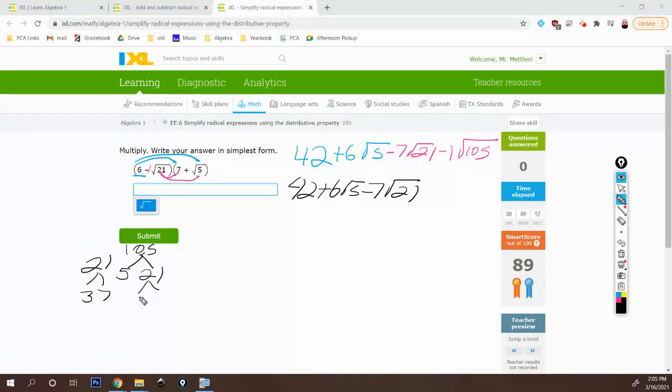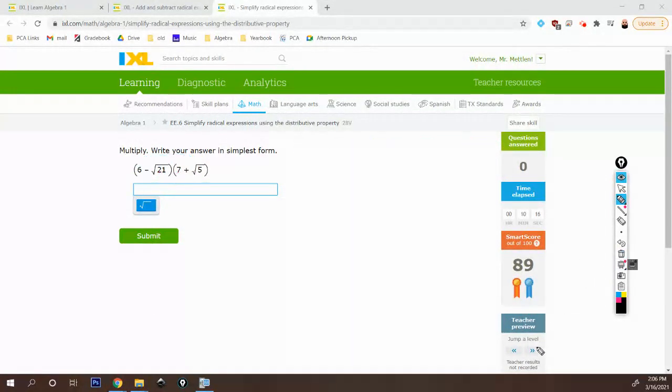And 21 would be 3 and 7. And no pairs there. Okay, so there's no pairs at all. I don't really need the one in front. So if there's no pairs, then that's it. That's just my answer, because there's nothing that matches. It's not happy. I don't like it, but it is what it is.